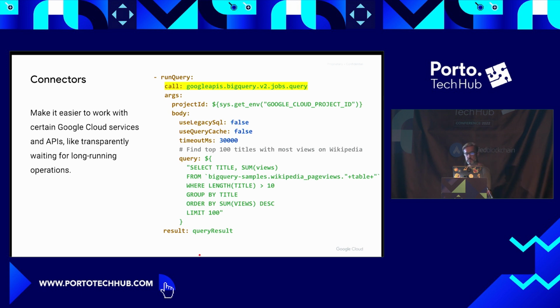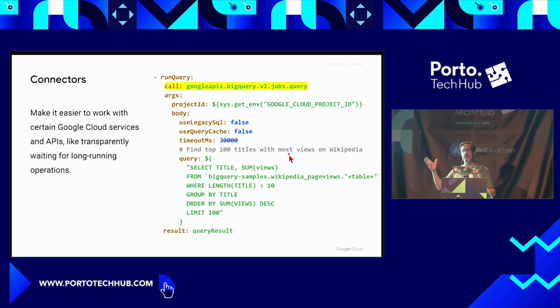Something I'll briefly mention: although you can make HTTP calls, post, get, put, etc., there are also some connectors that simplify the interaction with some of the Google Cloud services. So for example, if I want to do some big data stuff, here it's using BigQuery, the data lake kind of tool, I can send some SQL queries, etc., but it's going to handle the connection with BigQuery.